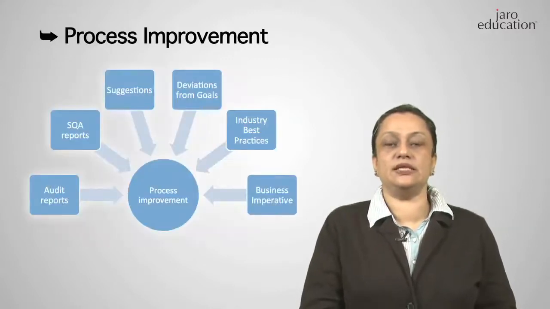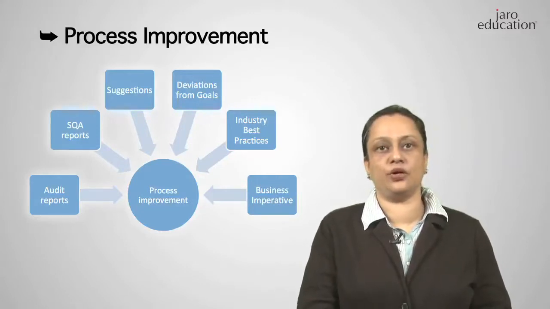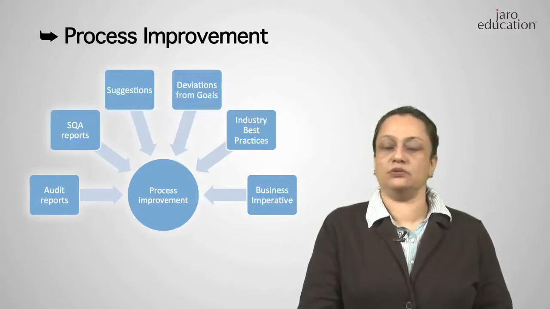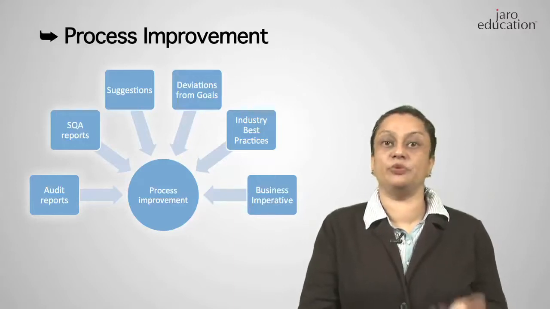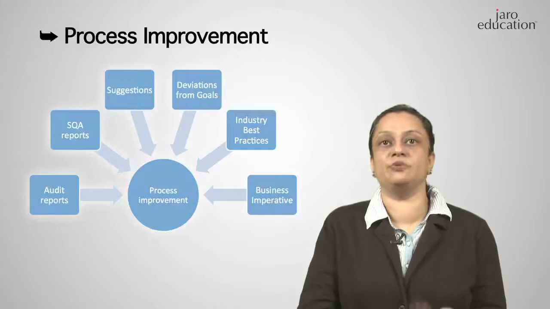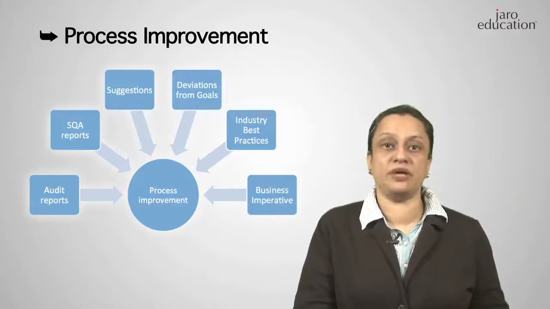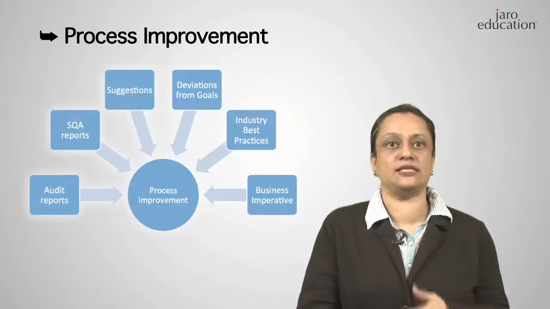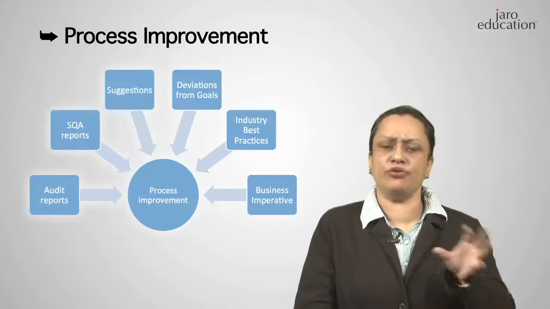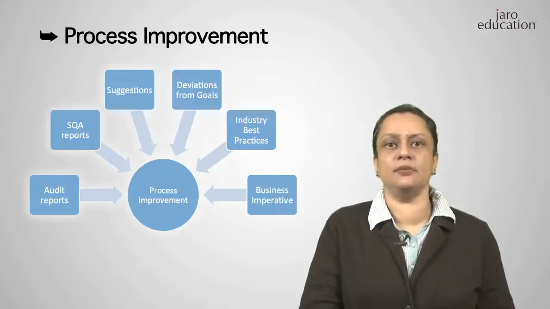So here we see the inputs that we can get from various sources for process improvement. It can come from the SQA reports, it can come from the audit reports, it can come from suggestions from the employees, from any business imperative, some competition, from best practices, benchmarking exercises, from individual project requirements, where the customer has necessitated some changes.